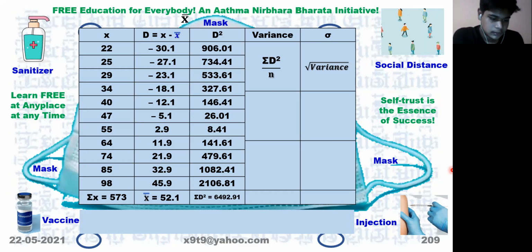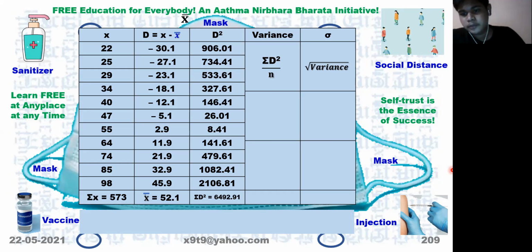906.01. Yes, sir, I got it correct. 6,492.91.